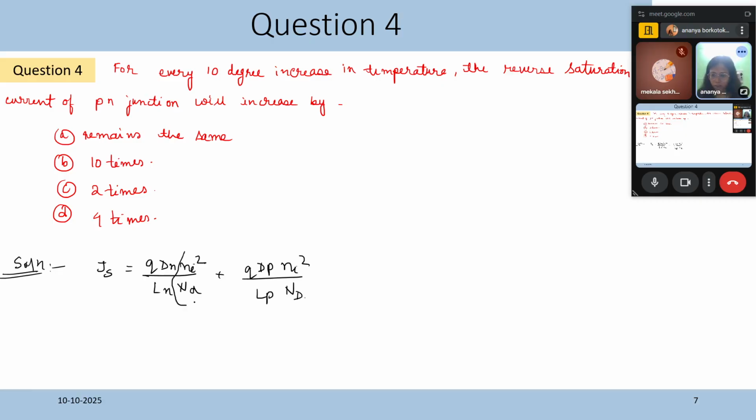Basically this is n in the P side and this is p in the N side. This reverse saturation current depends on temperature as well as the band gap, because it depends on ni. But what happens when there is a change in temperature? We know ni square is n into p by the mass action law, so that is Nc Nv exponential of minus Eg by kT.